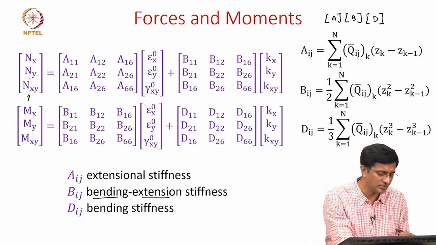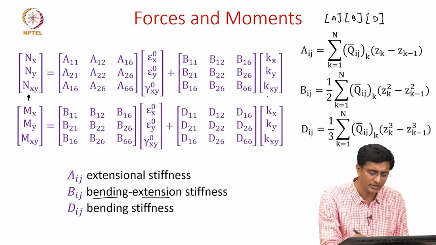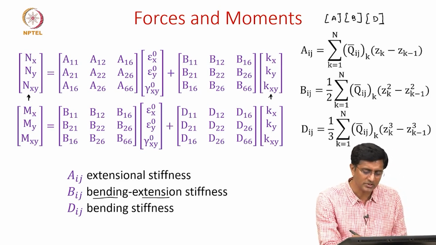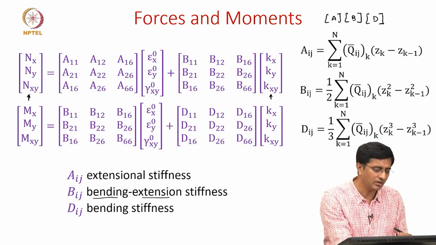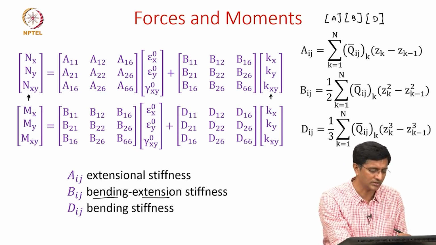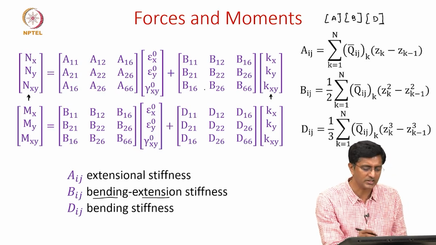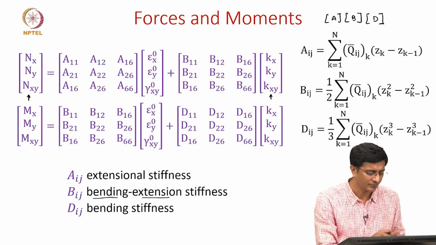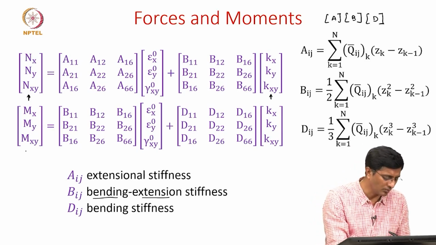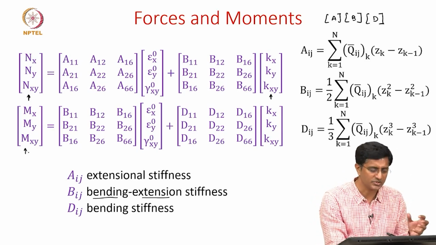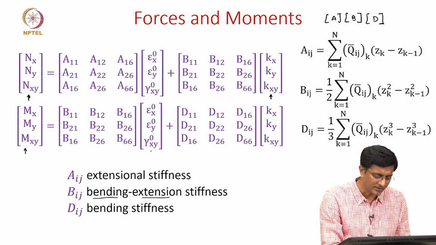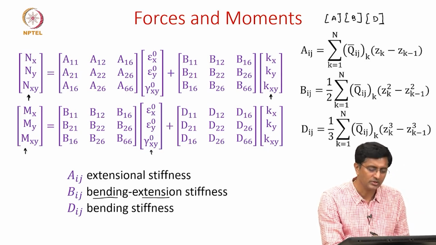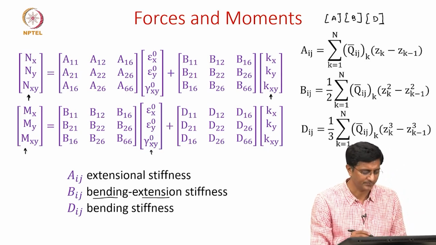Looking at the first equation, what does the B matrix do? It connects the forces N to the curvatures. So the curvatures take care of the bending, and the extensions are taken care by these forces Nx, Ny, Nxy. So this B matrix is connecting the forces with the curvatures in the first equation. In the second equation, it is connecting the moments, which capture the bending, to the extensions, which are captured through the mid-surface strains.